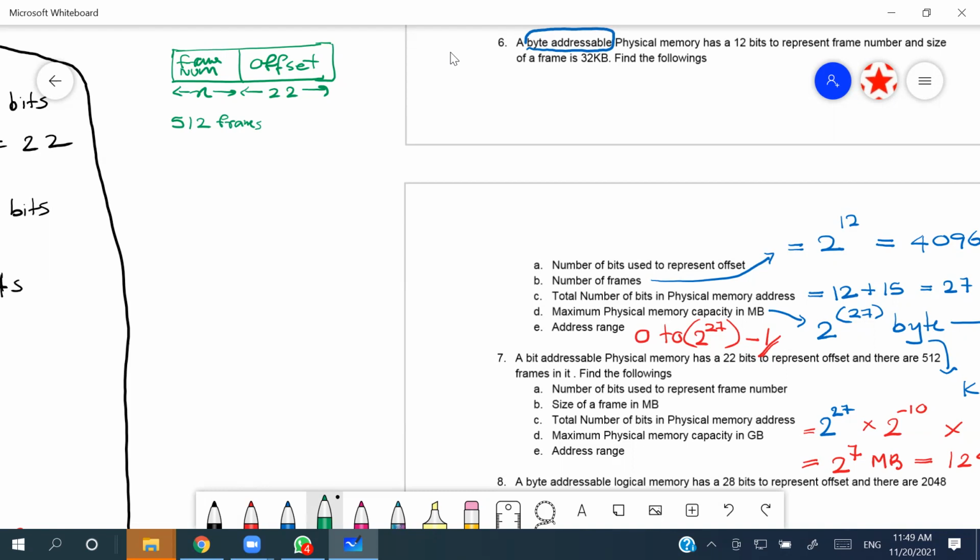The first part asks for the number of bits used to represent the frame number. So to answer part A, we can say number of frames equals 2 to the power frame number bits.